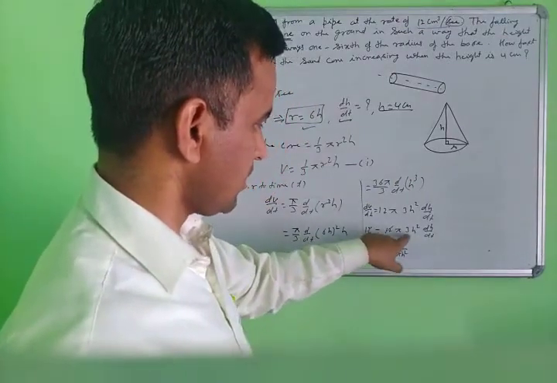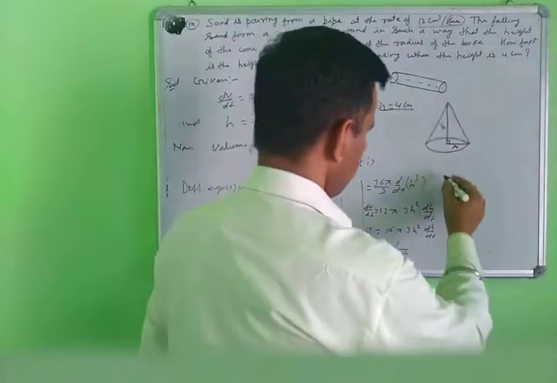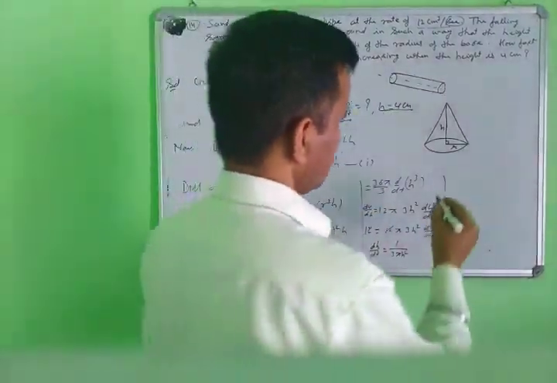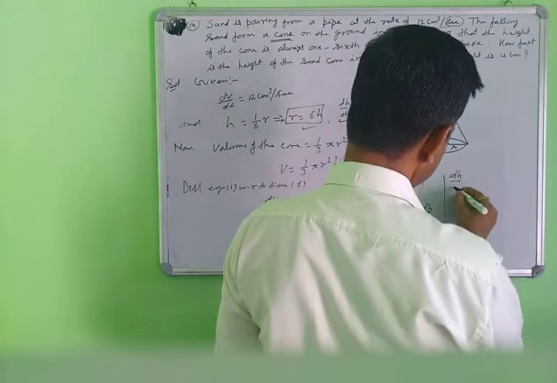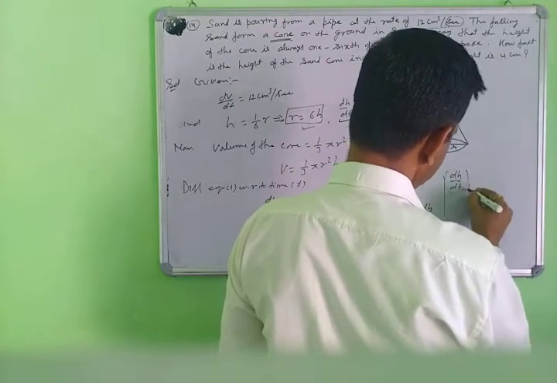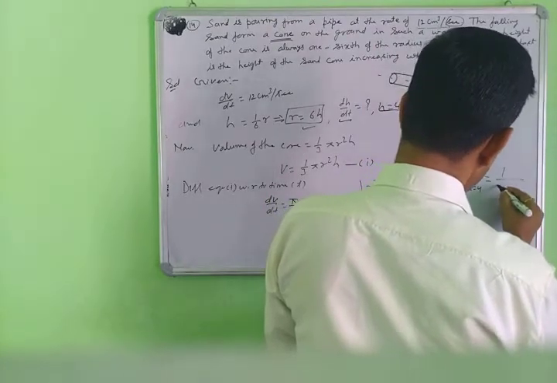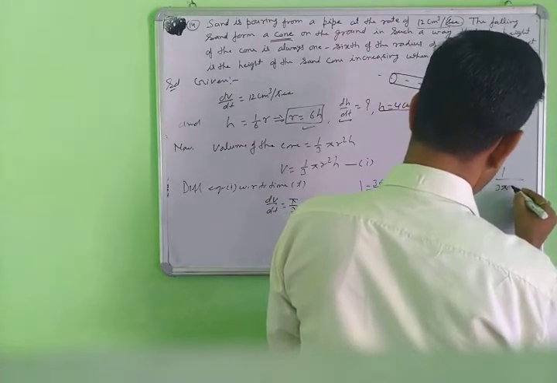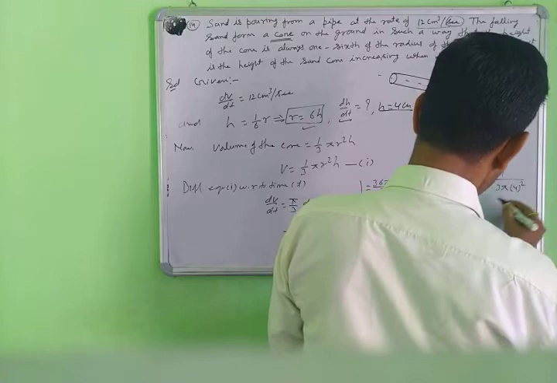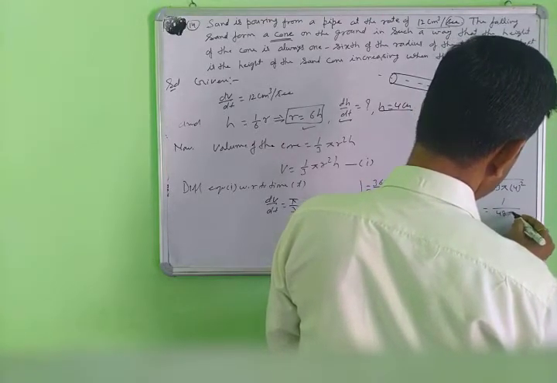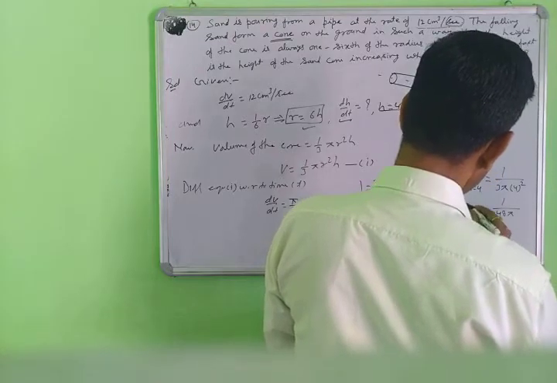Now putting the value of h, which is given, dh over dt at h equal to 4 is 1 upon 3 pi times 4 square. 4 fours are 16, 16 threes are 48 pi. So this is dh over dt.